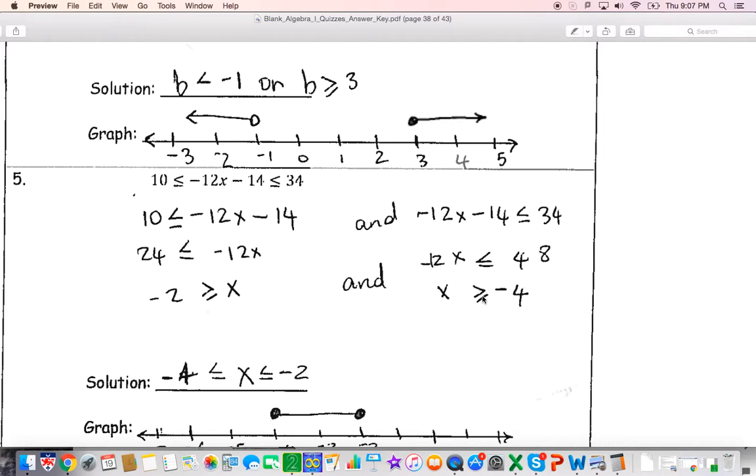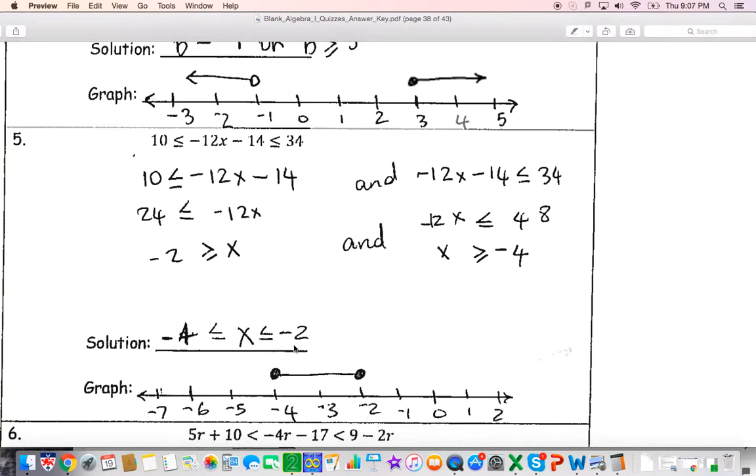So x is greater than or equal to negative 4, which means that x is both greater than or equal to negative 4 and less than or equal to negative 2, which makes sense because that means it's between negative 4 and negative 2. So for those and inequalities, it's going to be in between two values.